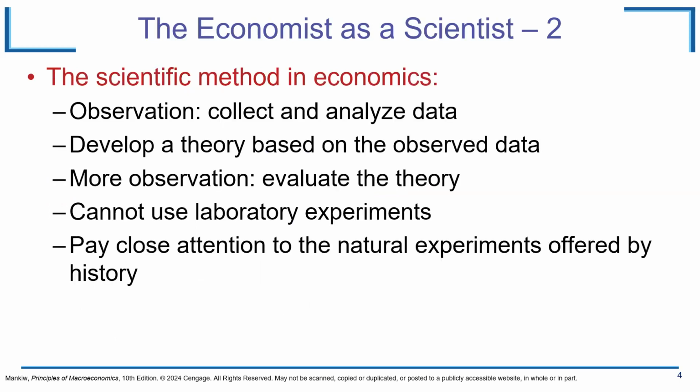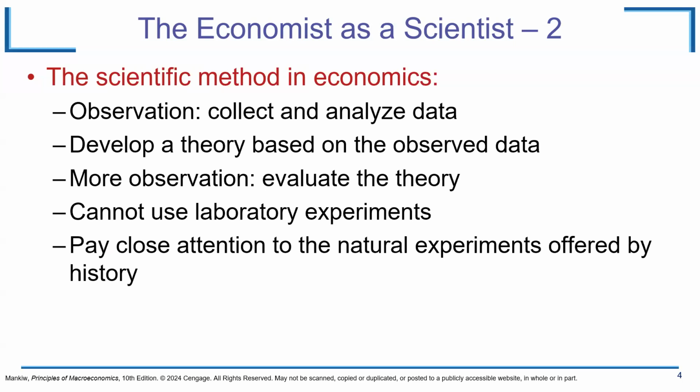The scientific method in economics follows the following framework. So first is observation. We need to observe how the economy works. So it includes the collection and the analysis of data. And then based on our observation, we can find some pattern in the data, right?